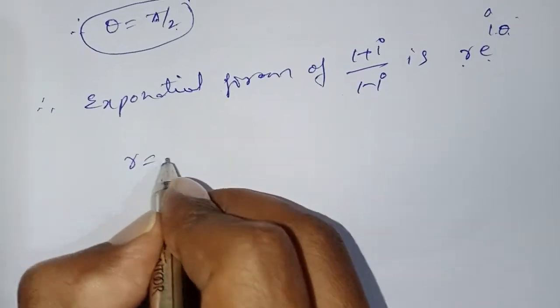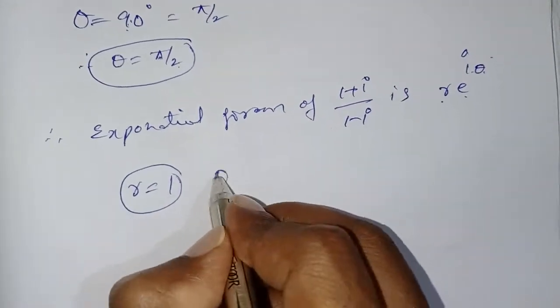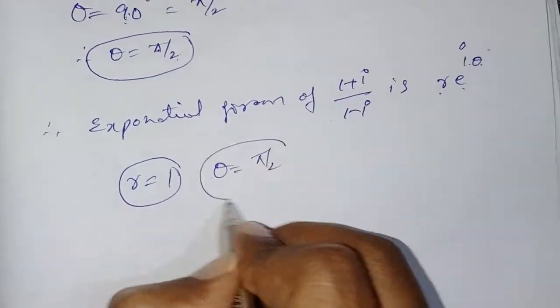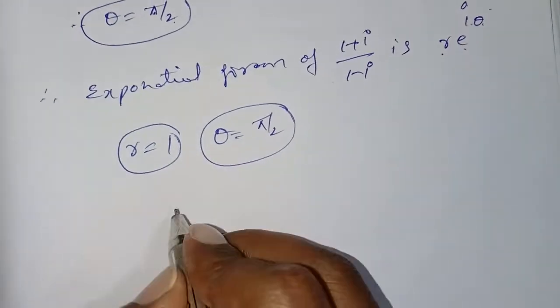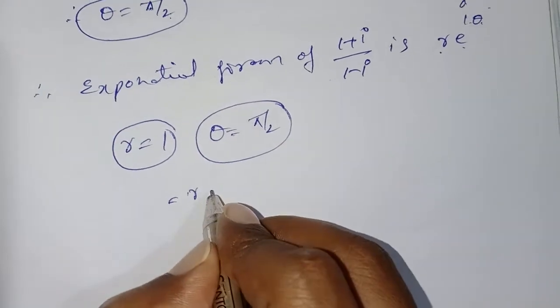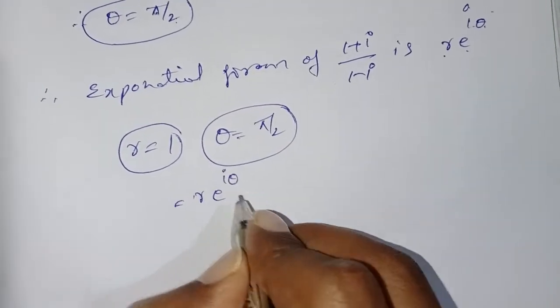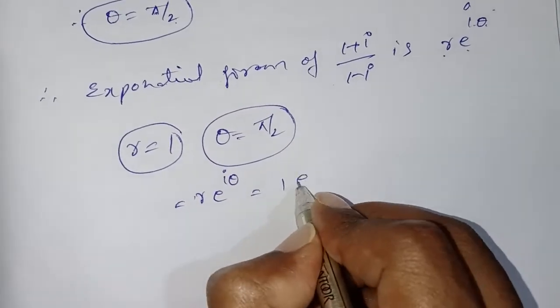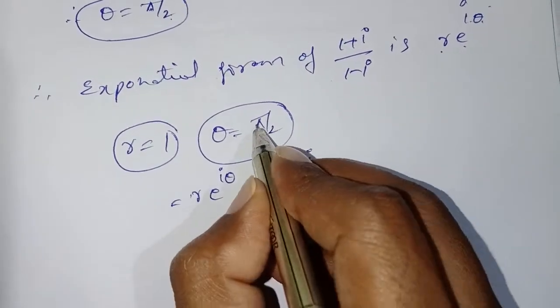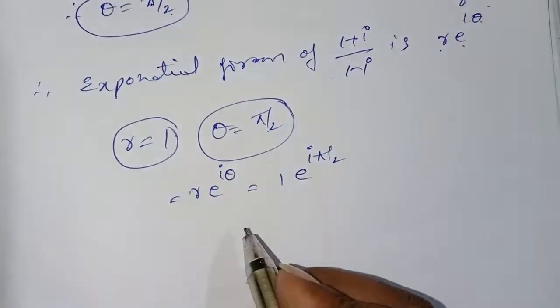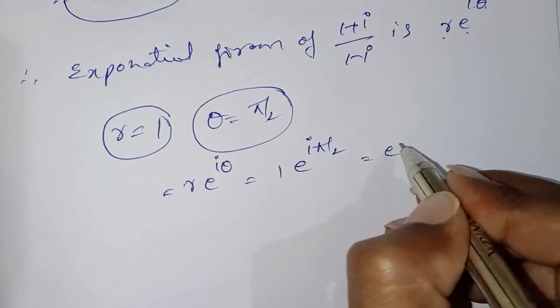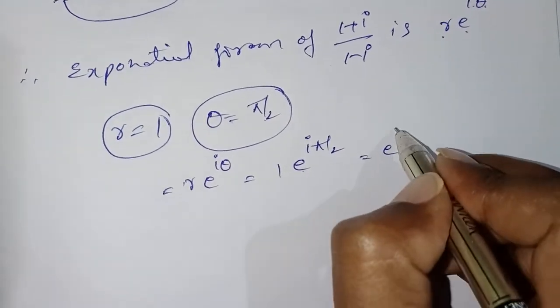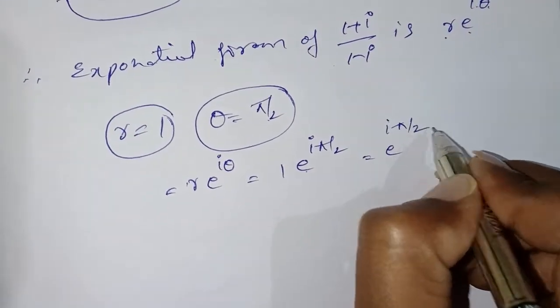We know that r is equal to 1 and theta is equal to pi by 2. Substituting these two values, it is 1 into e to the power of i into pi by 2.